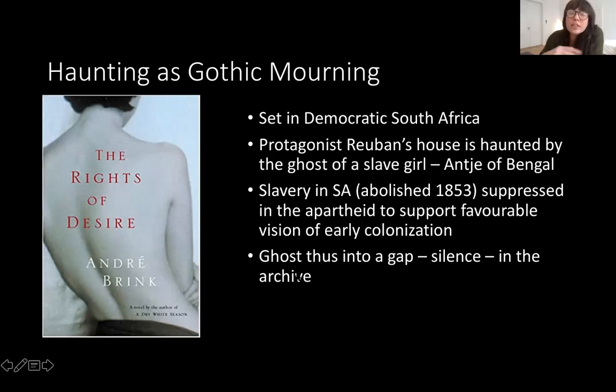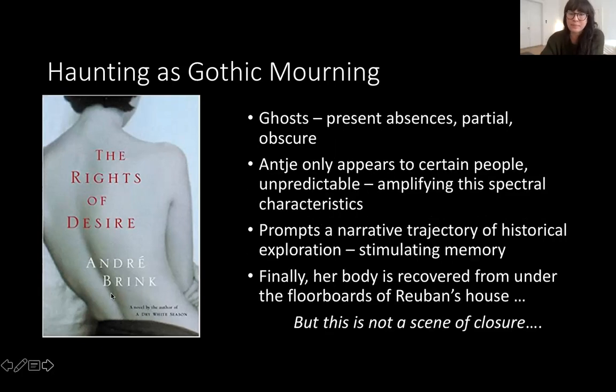So the ghost, this slave girl, writes into a gap that is quite clearly described in the apartheid record. So apartheid doesn't talk about slavery. This is the ghost of a slave girl. She fills this gap in apartheid history.